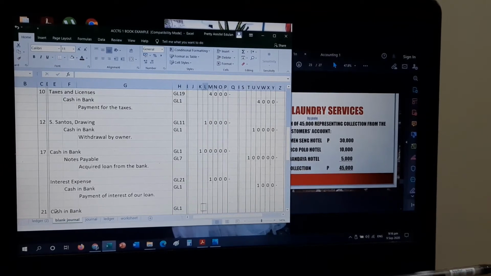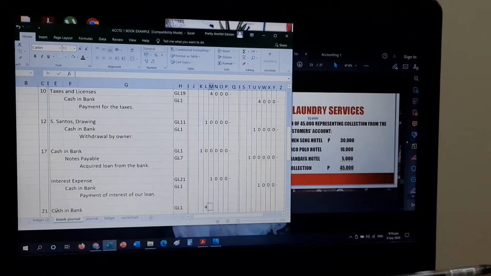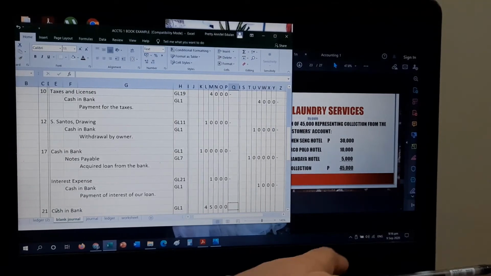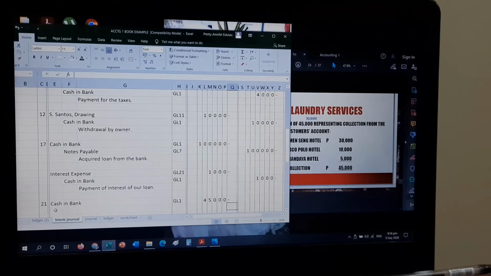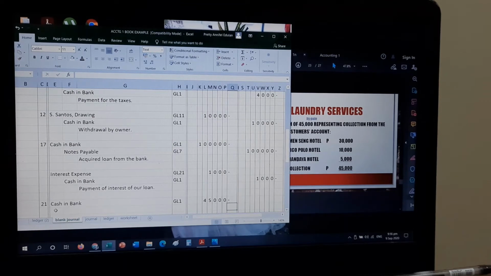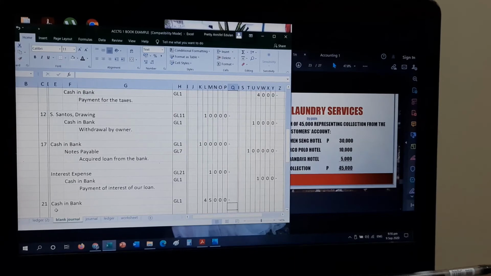Again, same procedure. You do not have to separate the account titles in your general journal, because you could simply write it in your subsidiary ledgers. You could show the separation of each supplier or customer there.